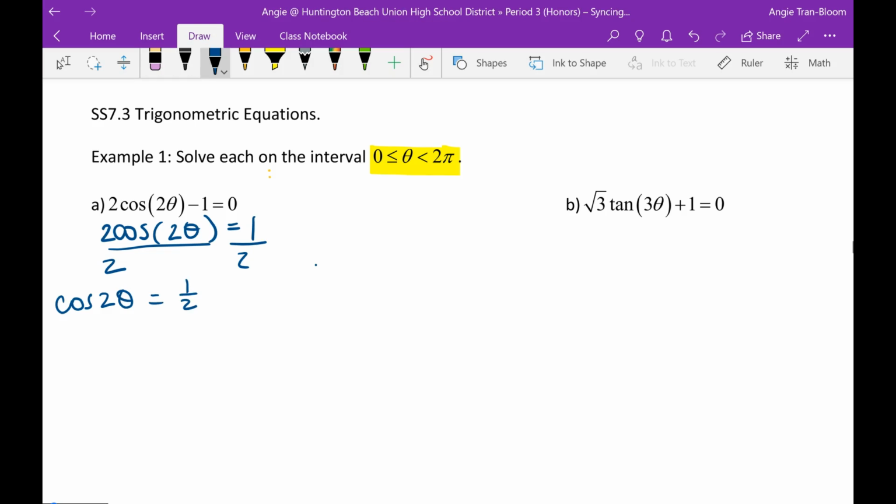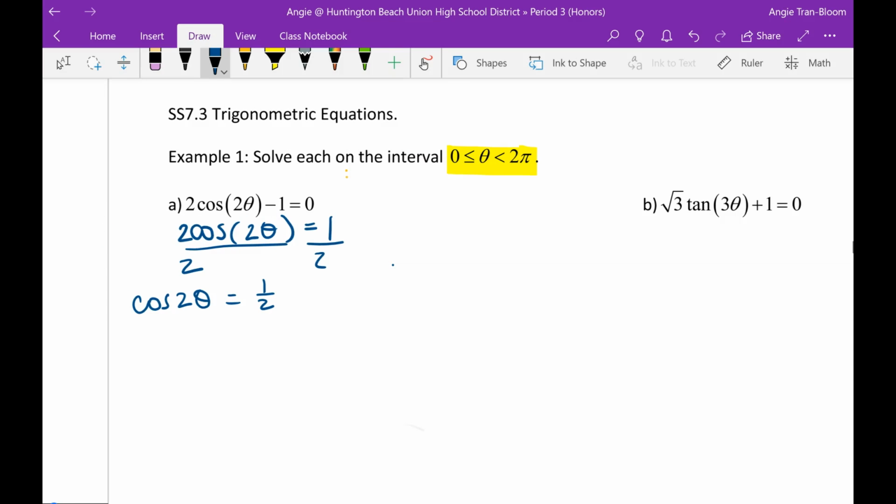Can you guys see that this is a regular cosine function, not an inverse? That means there's no restriction, by the way. I can be in any quads, okay? So cosine of some angle is positive 1/2. What quadrant or quadrants will this come from? 1 and 4, okay?